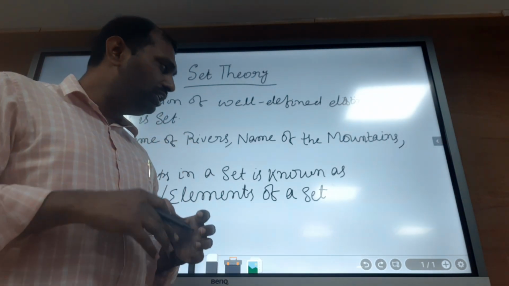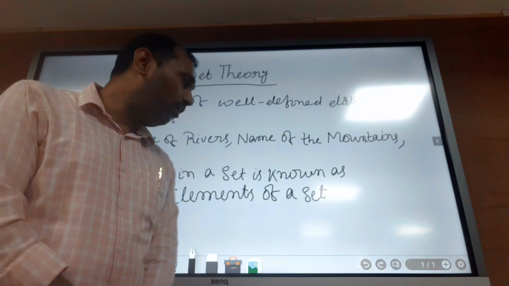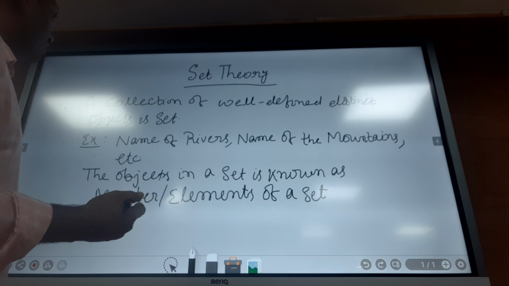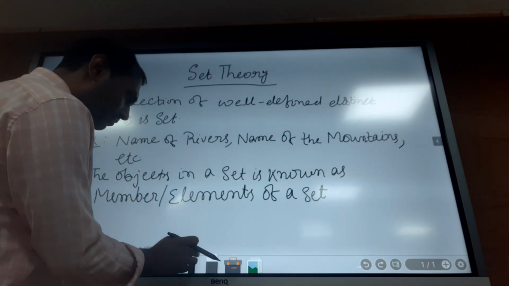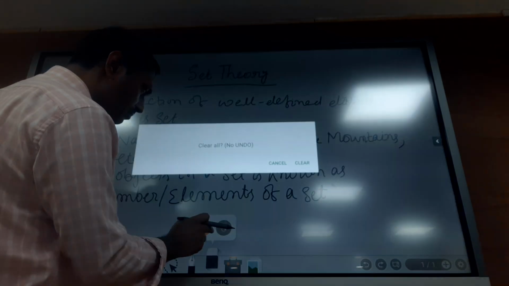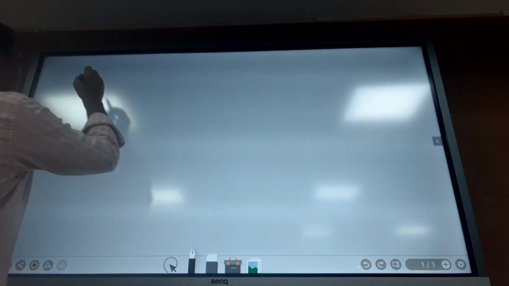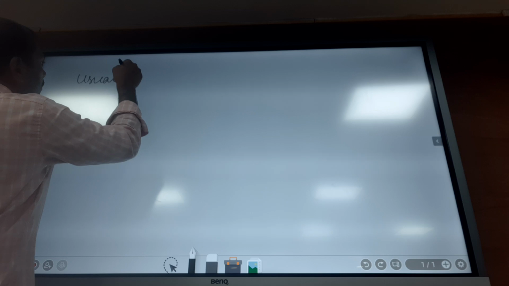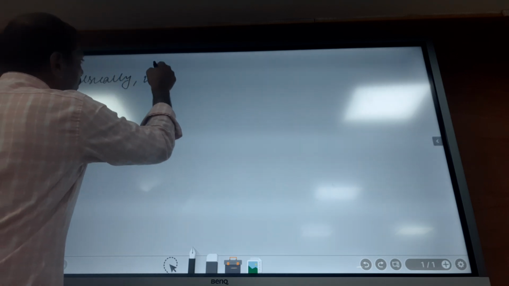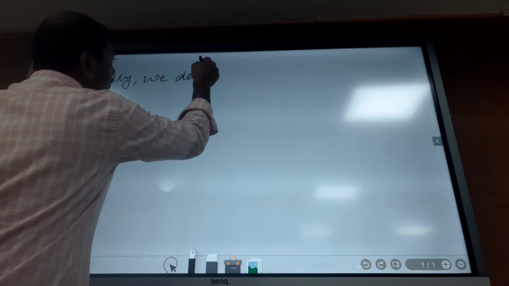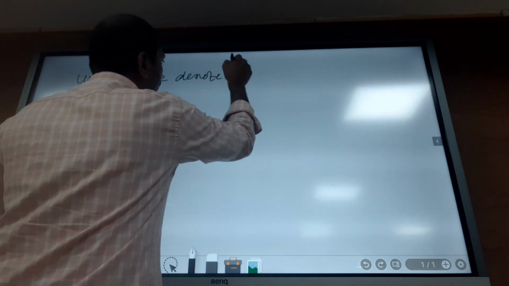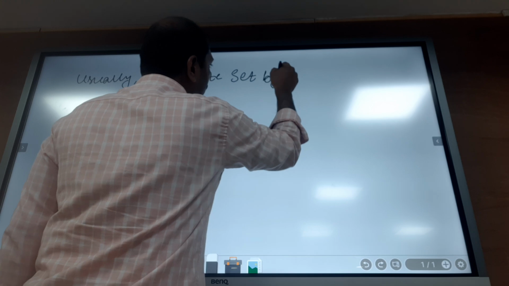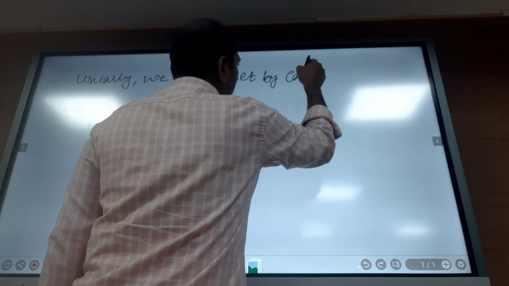So usually we denote a set by capital letters and the objects or the members of the set by small letters.